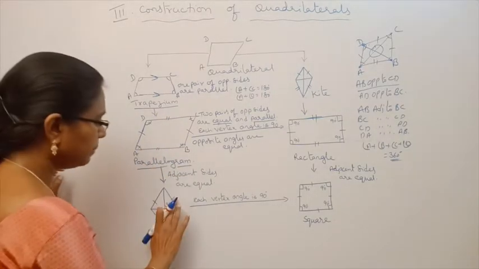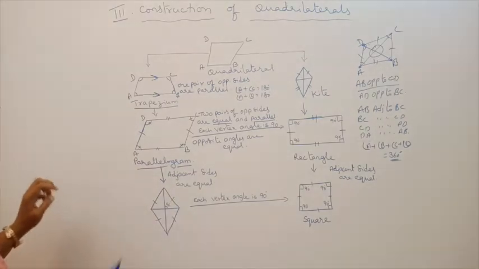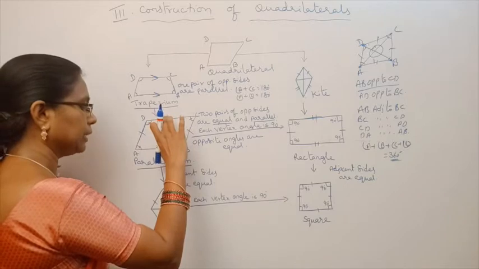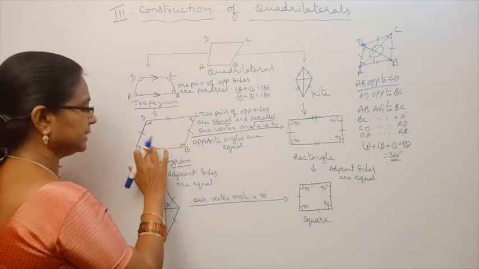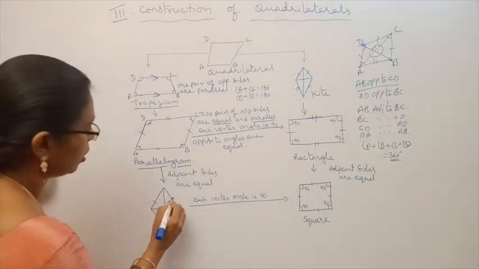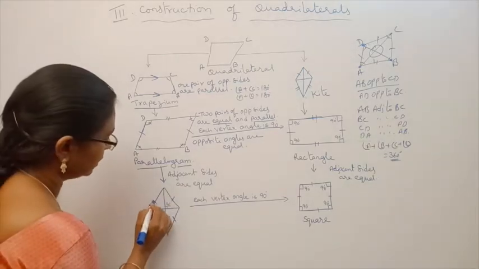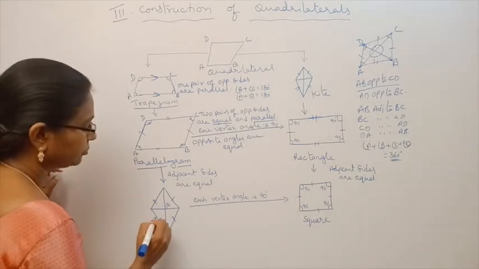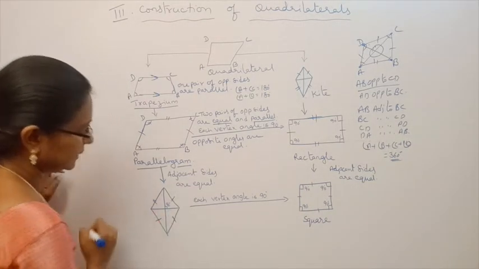Then it becomes a rhombus. In a parallelogram, if all adjacent sides are equal, then it becomes a rhombus. That means in a rhombus all sides are equal, and opposite angles are equal.